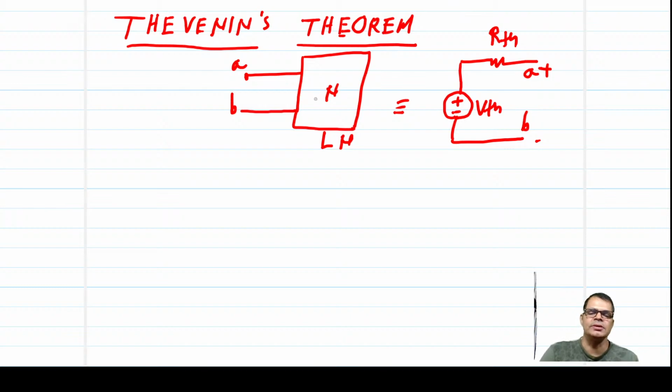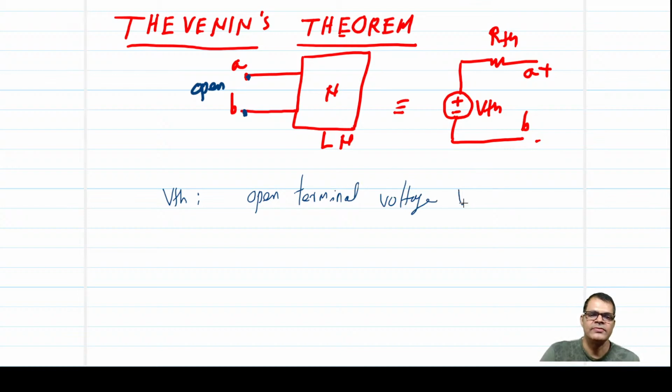This is a linear network, and these networks can be represented at the open terminal A and B. What is the VTH? VTH is the open terminal voltage VAB. And what is the RTH?